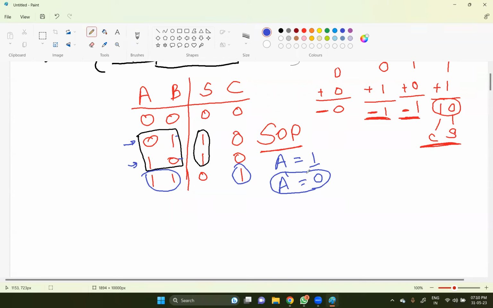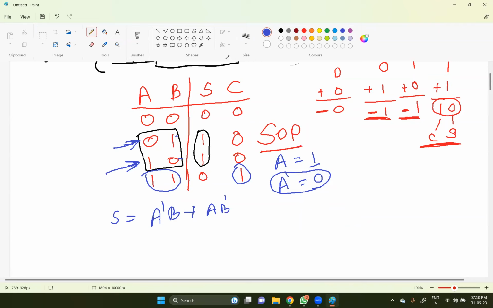So in terms of this, the expression will be A complement B plus, then the second one is A B complement. So the sum gives you this kind of expression.